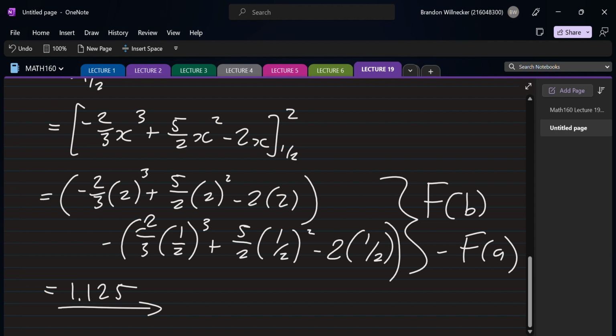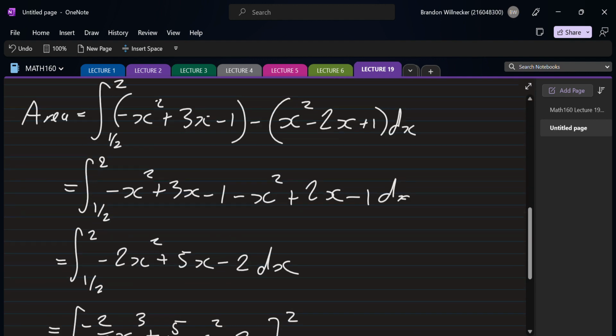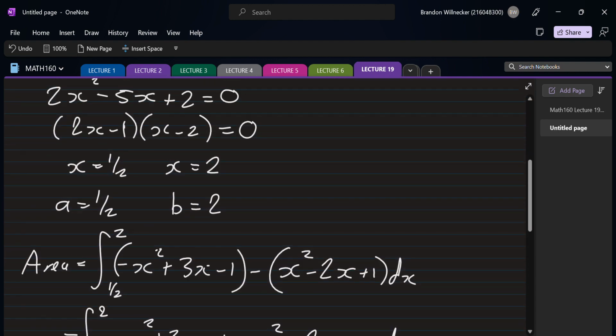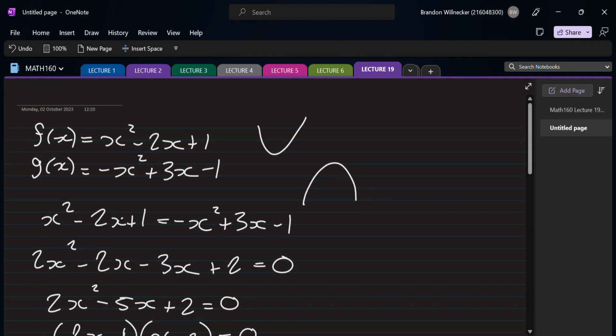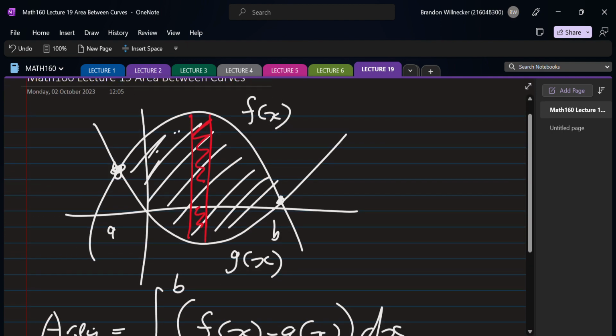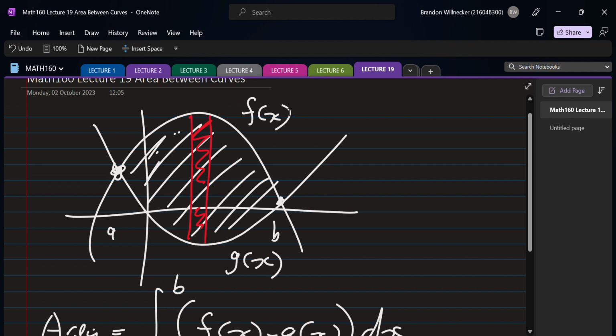Okay, yes? After equating the equations and solving for x, how do you see which one is a and which one is b? So here, a is your smaller value of x, and b is your larger value of x. So it's always on some interval. When you have your curve like this, you're going to have one intersection point here, we call that a, and then you have another intersection point at the other end, we call that b.